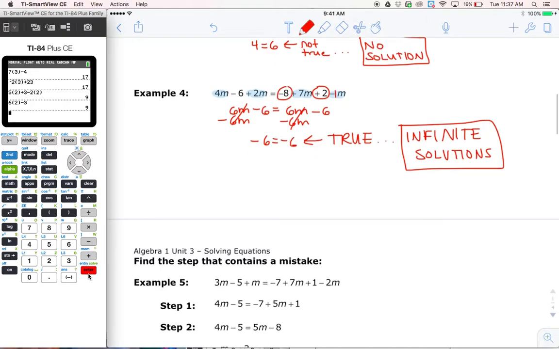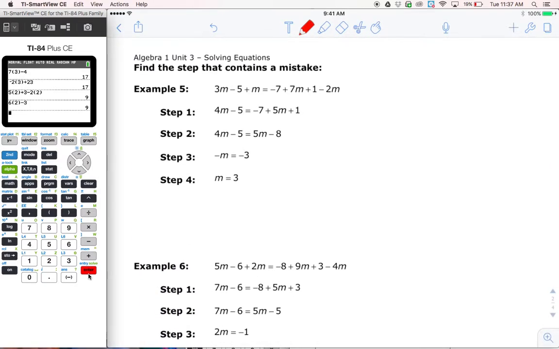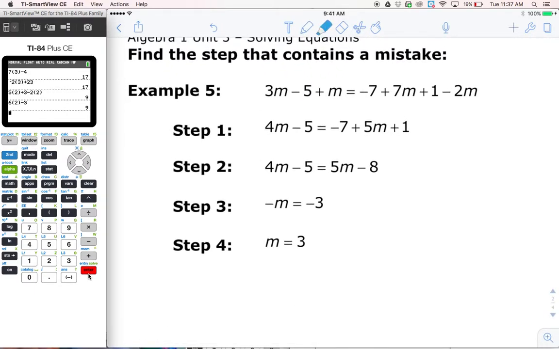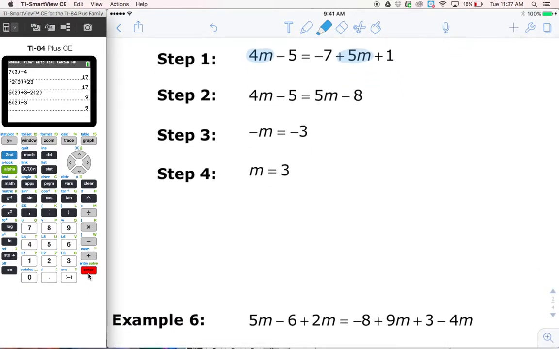All right, flip over to the back. We've got 2 more problems to look at really quick. We're trying to find the mistake here. So we're going to look and see what they did. Okay, looks like they did 3m plus m and got 4m. Okay, that works. On the right side, they did 7m minus 2m and got 5m. Okay, that checks out. Let's look where we are now. This left side didn't change at all.